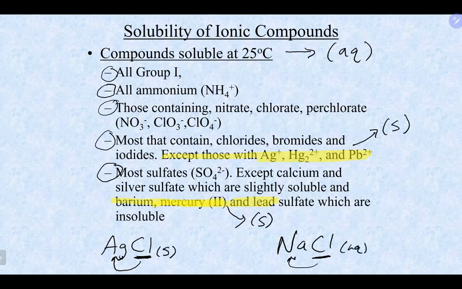And by the way, on this particular one, you could have just looked at the sodium and said sodium is soluble in everything, and that's as far as you need to go. So that is, again, the differences in those exceptions. If something is an exception, it is the opposite of what it normally is. So normally, again, chlorides, bromides, and iodides are soluble. If it's an exception, it would then become insoluble.